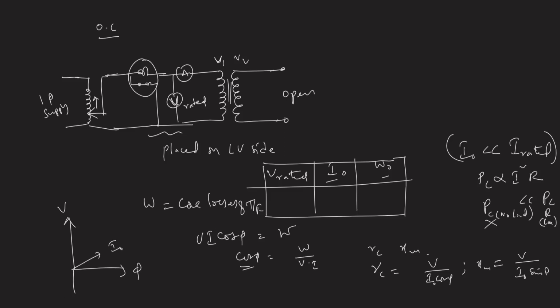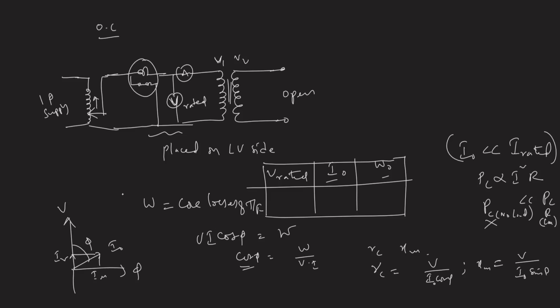This is I naught, this is IR and this is IM, and this angle is phi. So the cos component gives me the core loss component and the sin component gives me the magnetizing current component. Okay, so that is how the open circuit test goes on.